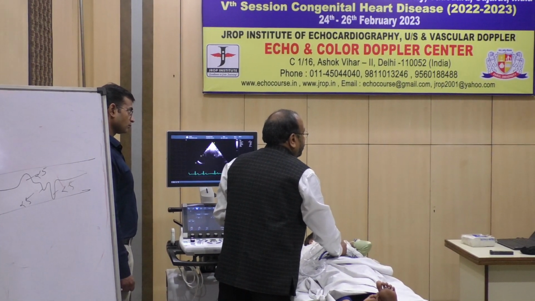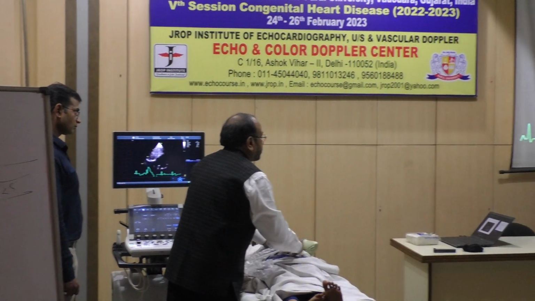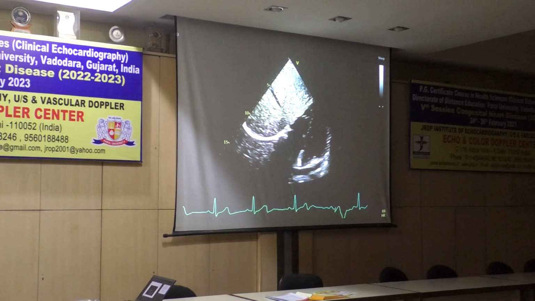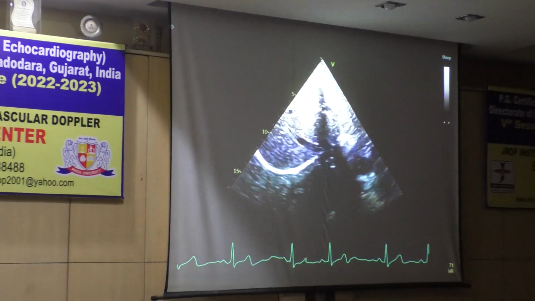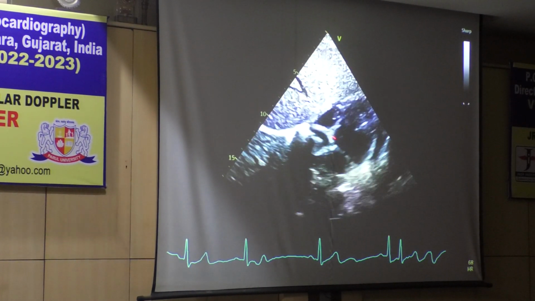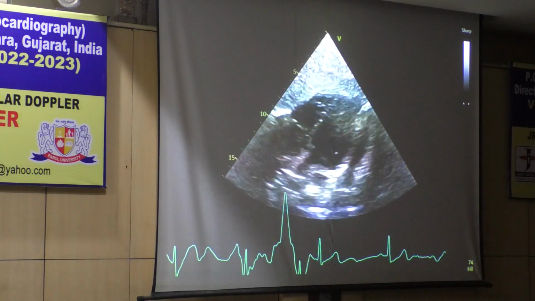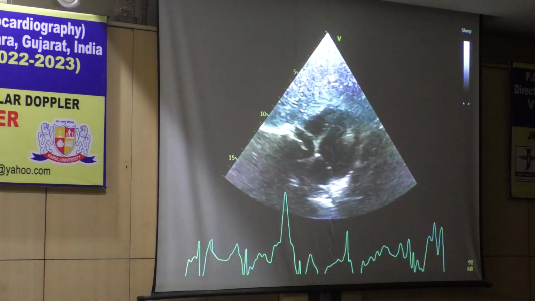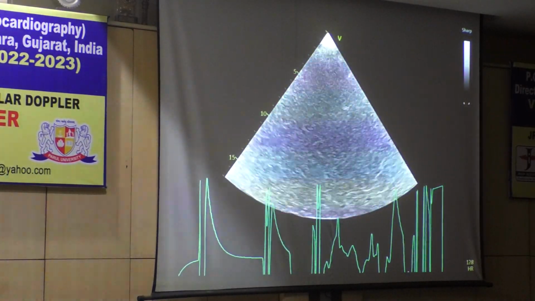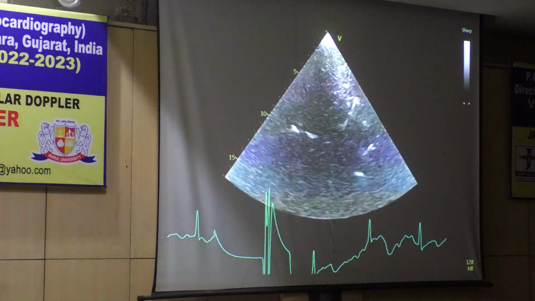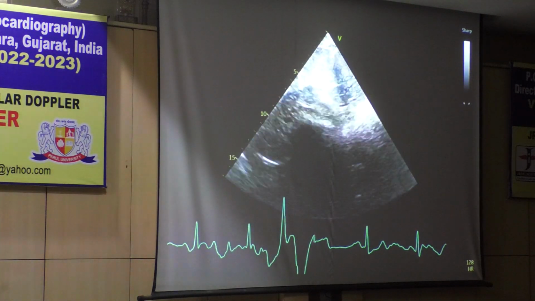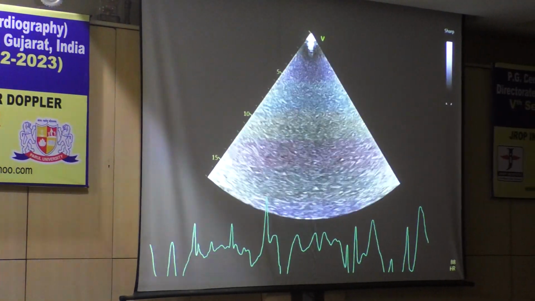Now I'm sliding from this particular image to what we call the morphological RA; the other structure is the morphological LA. What I normally do is slide to the apical window.